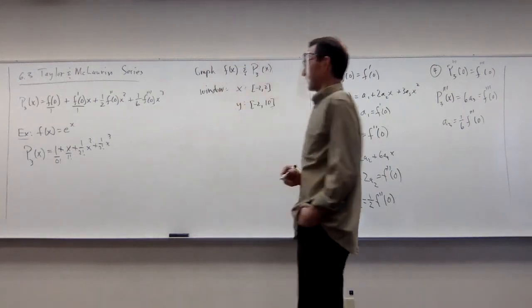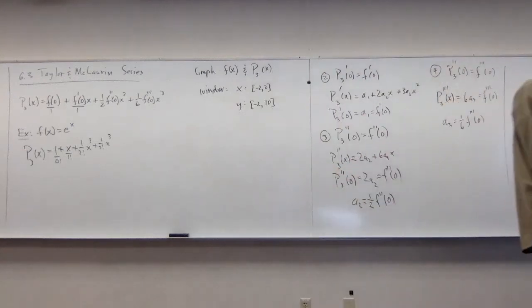We'll start there. So graph those and see how good we did. We want our polynomial to look identical to the exponential for a while. We know we've got to give up eventually because the polynomial is shooting off to infinity, and the exponential on the left is going to 0.